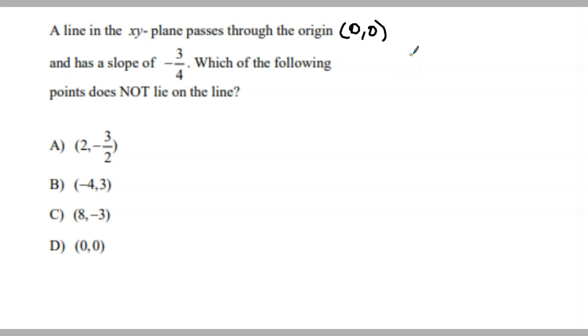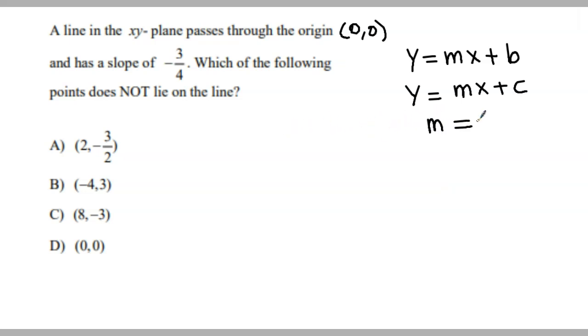The best tool for you to use is y equals mx plus b. If you're in Europe or the UK, you'll be using plus c. All of them mean the same. So here we have been given the slope, which is the m, as negative 3/4, and the b or the c, which is the y-intercept, is 0 because it's going through the origin.